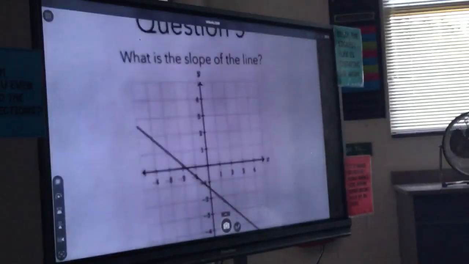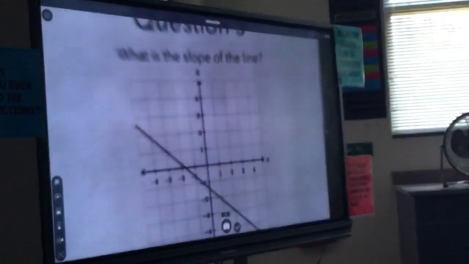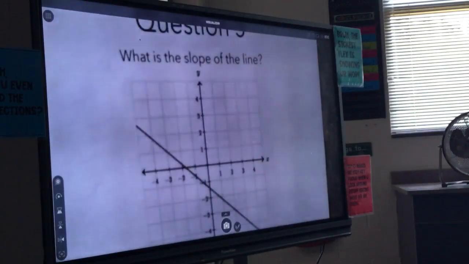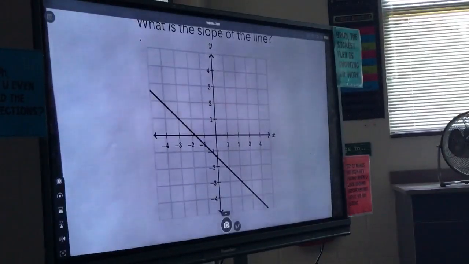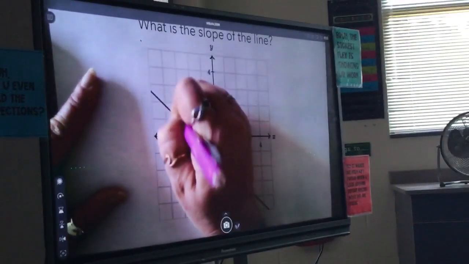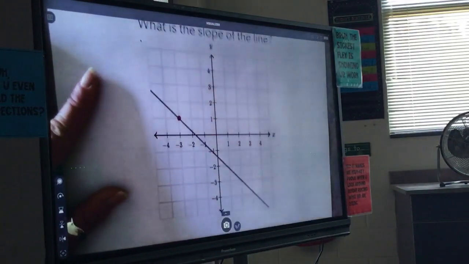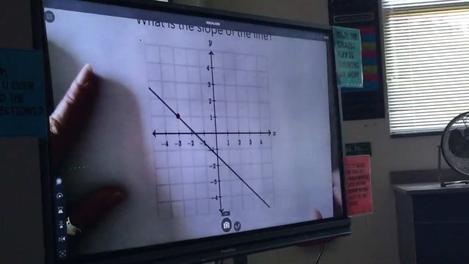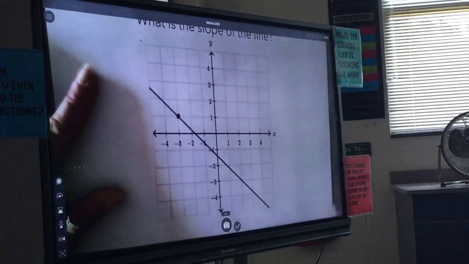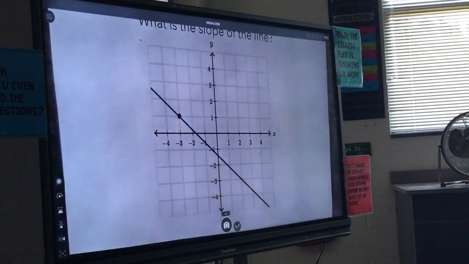Again, what is the slope of this line? So raise your hand and tell me 1 point. Ben. -3, +1. Okay. What's another point that intersects in the corner of my X and my Y?